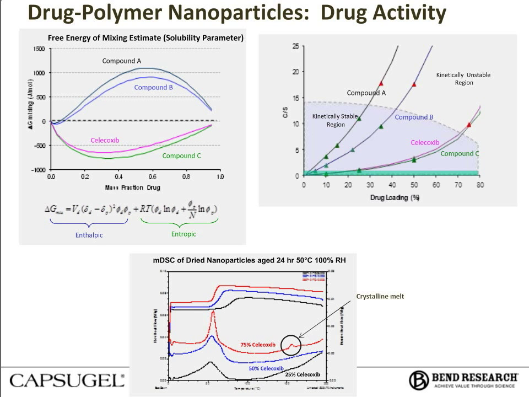When the loading gets too high, of course, so the red points shown in the upper right plot, then the drug crystallizes, typically during the manufacture of the nanoparticles themselves or soon thereafter.